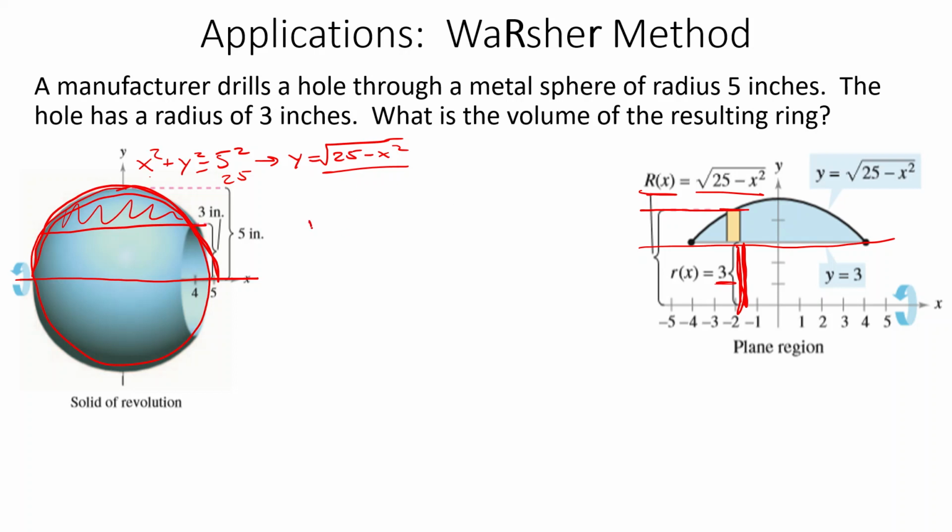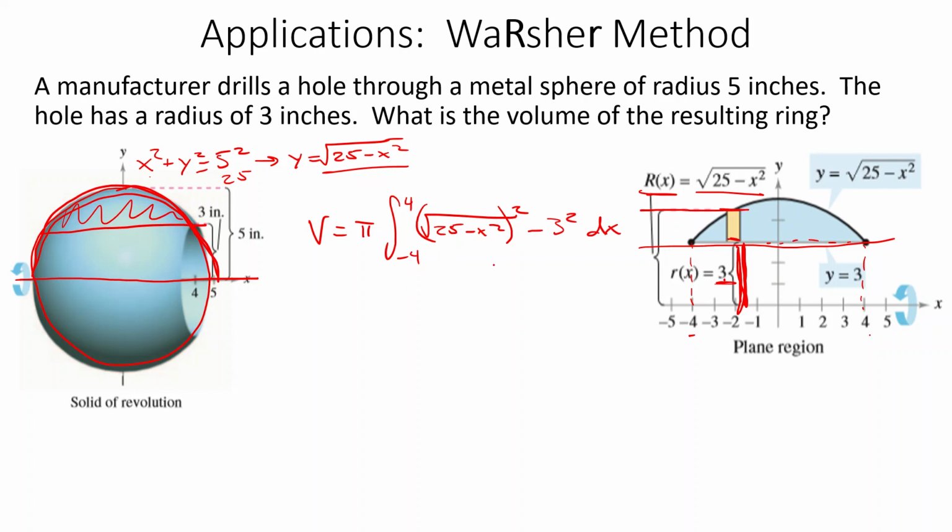So our volume will equal pi times the integral, and if we see where they cross, it crosses from -4 all the way to 4. So we're going from -4 to 4 of the big R, which is the square root of 25 minus x squared, minus the little r, which is 3 squared, dx, because these little sections are going along the x-axis.